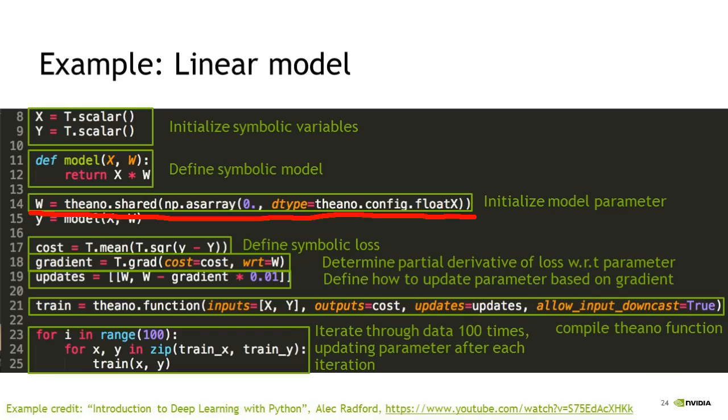Okay, and I think I've got time for one more question. Great question here. Are there some converters from Caffe models to Theano, Lasagna, or Keras libraries on top of Theano? Yes, there are.